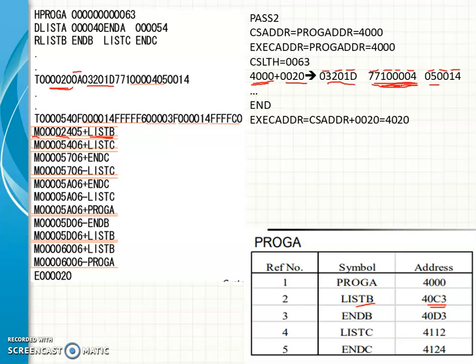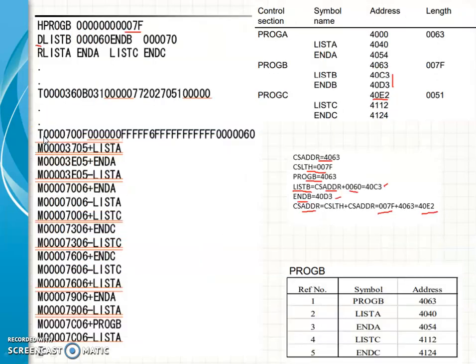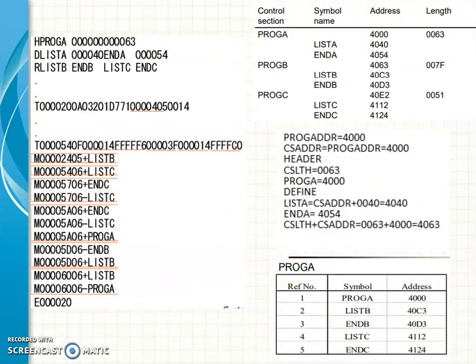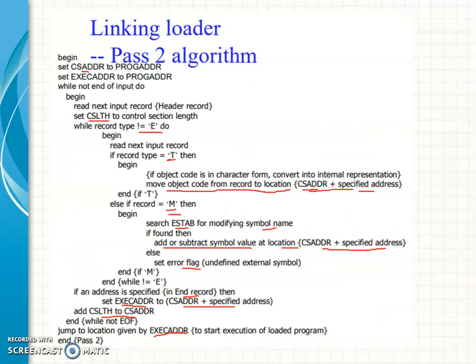To this address, some value will be added, and that value is the CSADDR value. That is how you update the value in the object code in case of a modification record, which you can see in the algorithm itself. In a modification record, it adds or subtracts a value at a location.